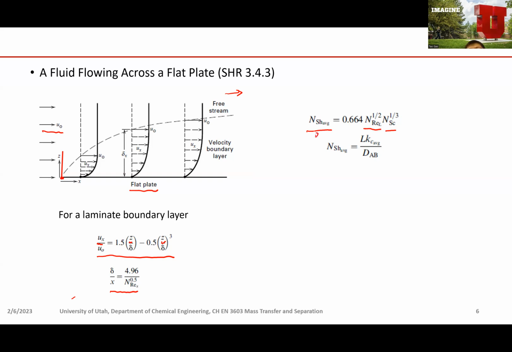You can compute the Sherwood number. Then you should be able to compute the mass transfer coefficient. Then you can use the mass transfer coefficient to compute the flux due to molecular diffusion.